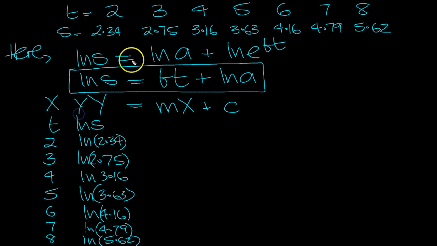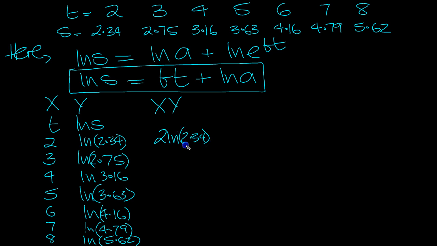There's our y. So in our customary table then, we need the product xy's, which is 2 times ln 2.34, 3 times ln 2.75. And I'm going to tap these in the calculator.